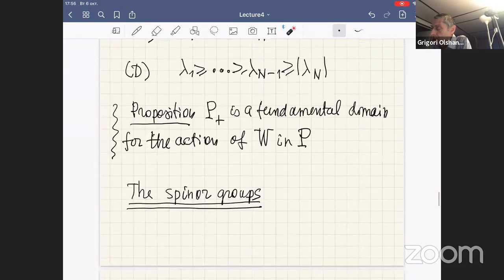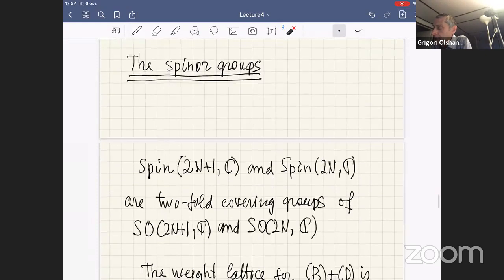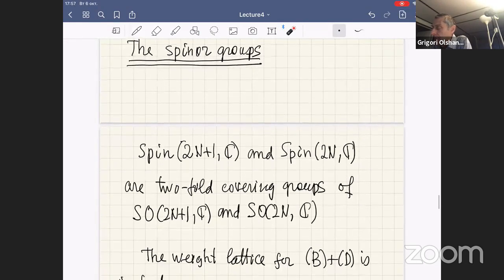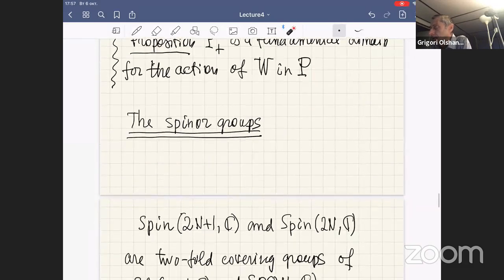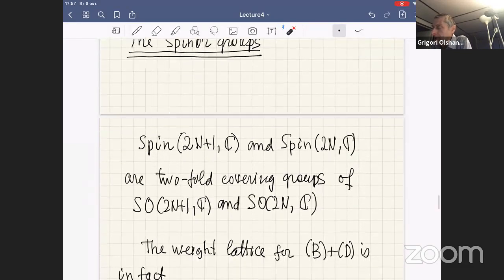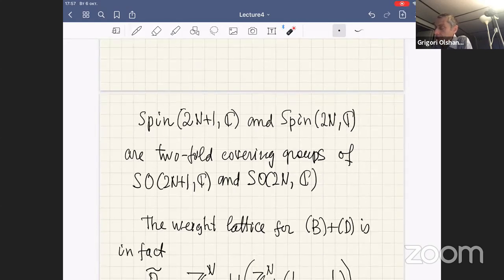But actually, in type B and D, the definition of the weight lattice is not exact. The reason is that there exist the so-called spinor groups, spin groups, which are two-fold covering groups of the special orthogonal groups. Here, for instance, if n is equal to 1, this is some specific case.